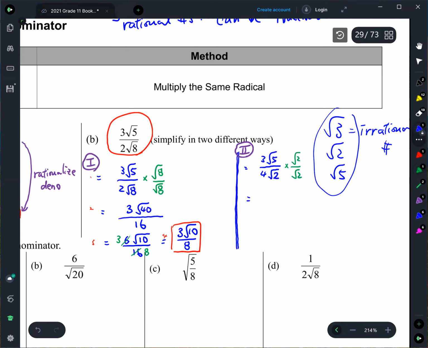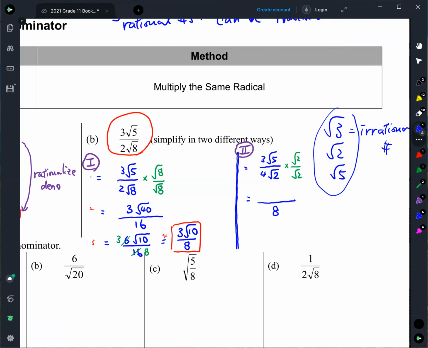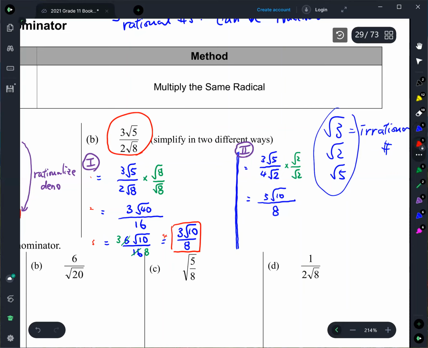Right, so Aaron, what's the denominator now? The denominator, it's 8. Yeah, so now it becomes 8. And then Bernice, what's the numerator? Oh, 3 times square root 10. Yes. Okay, and then we are done. That's all.